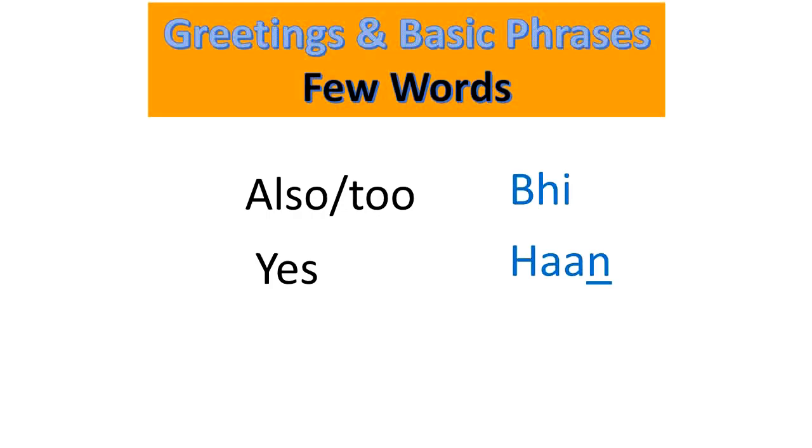Next word is no. No is nahi in Hindi. Nahi. Again, observe that when you speak nahi, the sound should go or pass through your nose. Speak with me. Nahi.